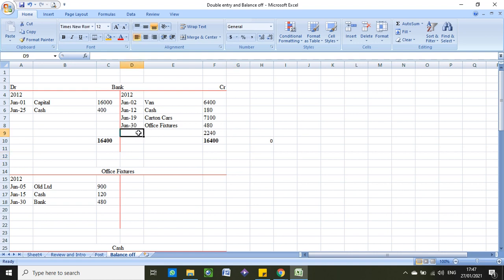Okay, so I need to have a date and a description for that. The date for that will be June 30th, balance carried down. The balance carried down will always be the last day of the month that they have on the T accounts.